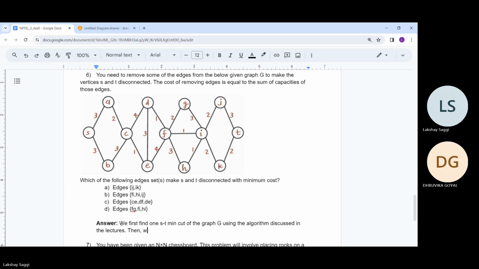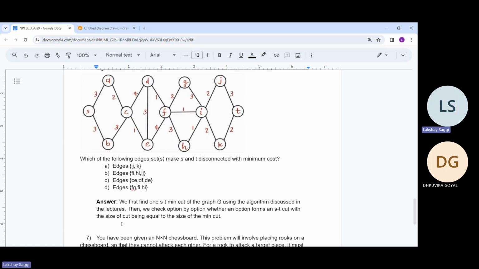Then we check option by option whether an option forms an ST cut with the size of the cut being equal to the size of the min cut. So something like this. I hope you get what I'm trying to say here.